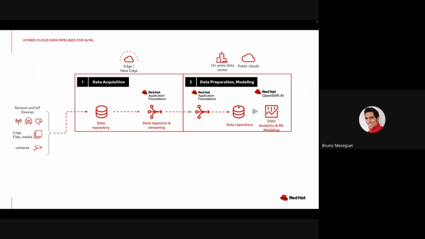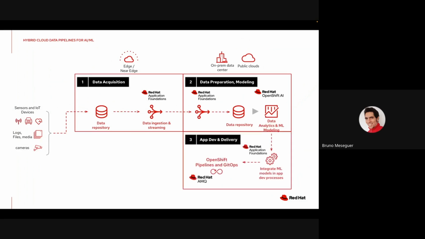When all of those are ready, you can enter the third phase, app dev and delivery, where you add some integration and automation with OpenShift Pipelines and GitOps. This is going to mechanize and automate the release of new versions of the model and new versions of the smart application, so that they are ready to be pushed to the edge.